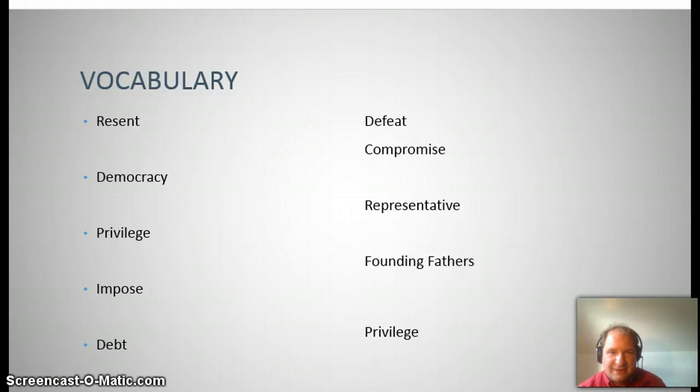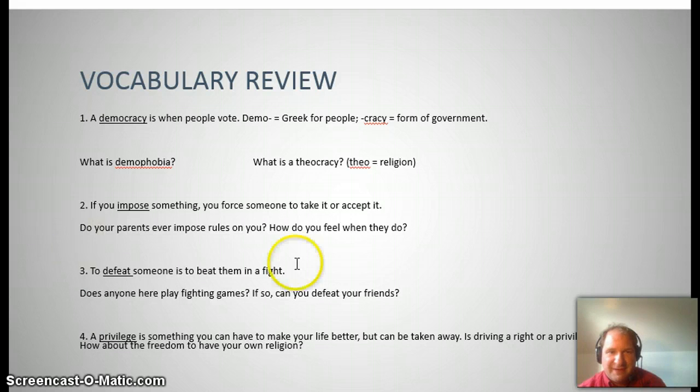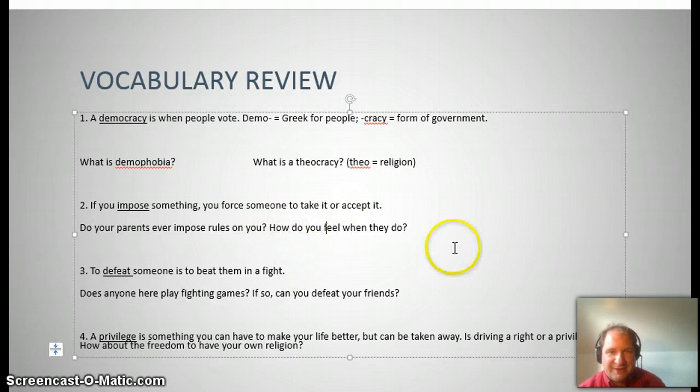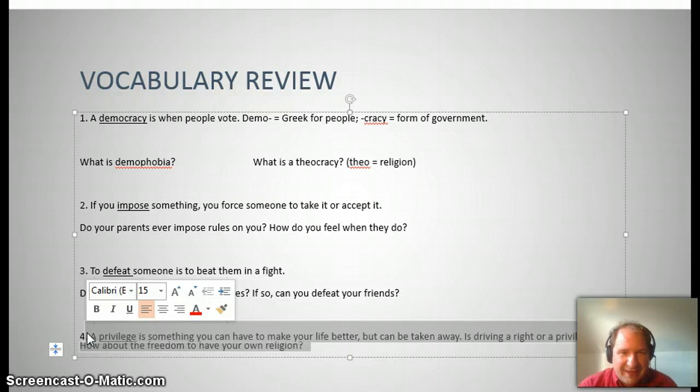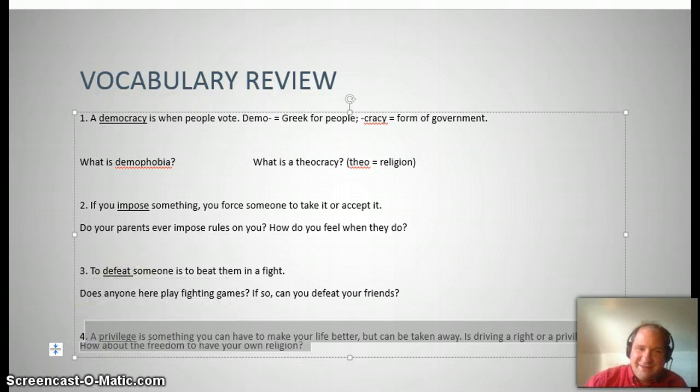Do I have the other ones? Okay. Yeah, there's compromise. So impose, force someone to do things. Your parents may impose rules on you. Privilege can make your life better, but can be taken away. Driving. Some of you drive. Joshua drives. If you drink a lot while driving, crash a lot, you lose your license.